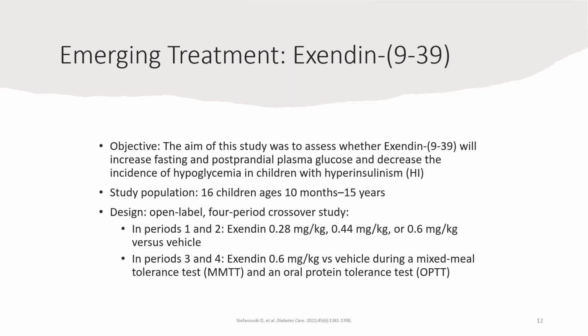Now let's switch gears and talk about a study that was published in 2022 about a new medication for the treatment of CHI. This new medication is called Exendin 9-39, which is a competitive antagonist of glucagon-like peptide 1, or GLP-1, at the receptor, and what it does is inhibit insulin secretion.